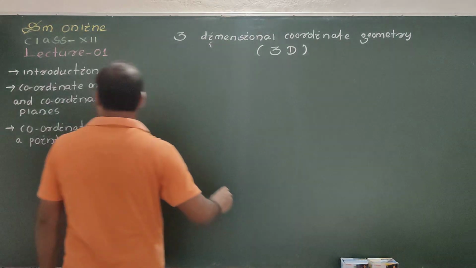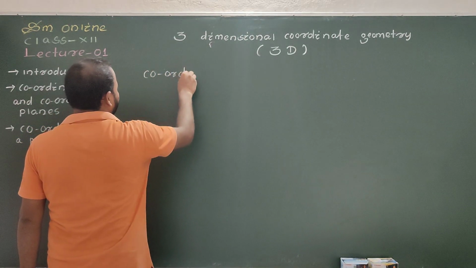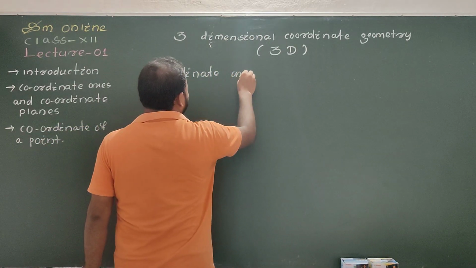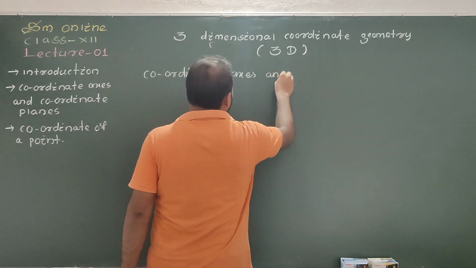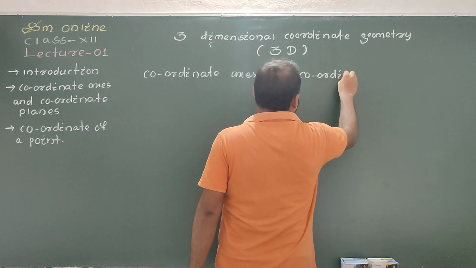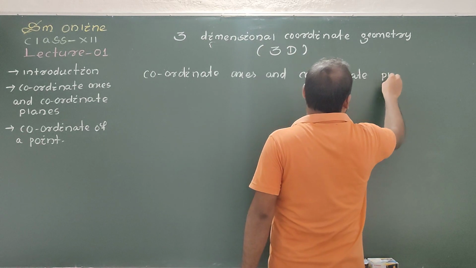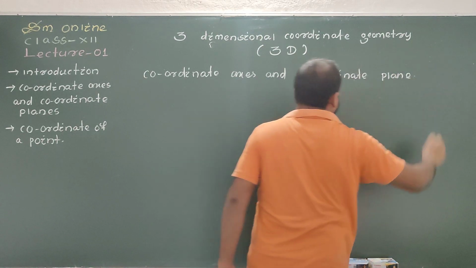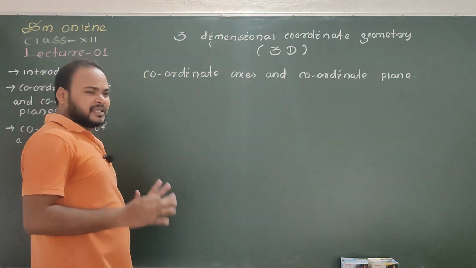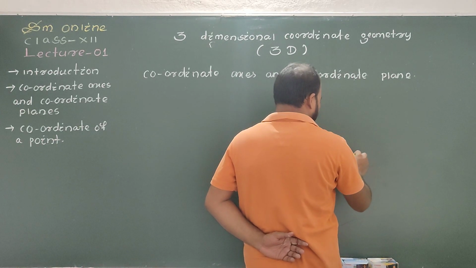Now, second point, coordinate axis and coordinate plane. Okay. Now, consider three lines, and these three lines are mutually perpendicular.